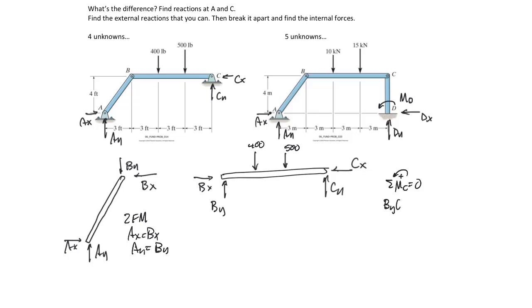I got BY times 9, and that's going in the negative direction. I got 400 times 6 plus 500 times 3 equals 0. So I can solve that for BY is equal to 433.3 pounds.